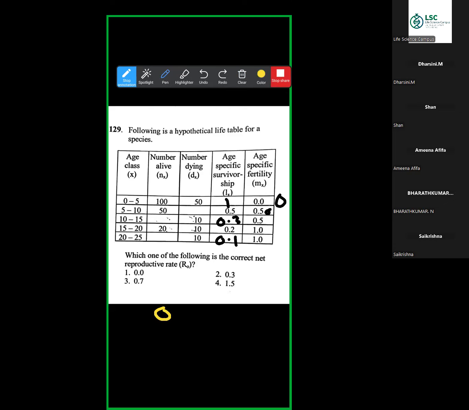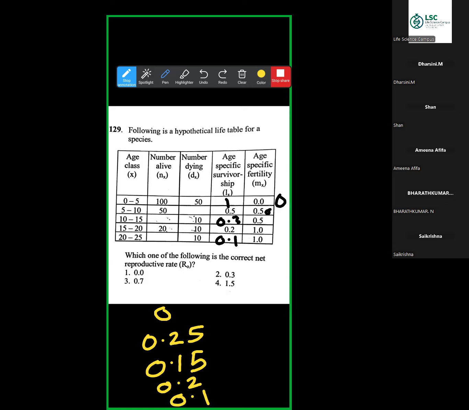For the second age class, 0.5 into 0.5, that is 0.25. For the third age class, 0.3 into 0.5, that is 0.15. For the fourth age class, 0.2 into 1, that is 0.2. For the fifth age class, 0.1 into 1, that is 0.1.